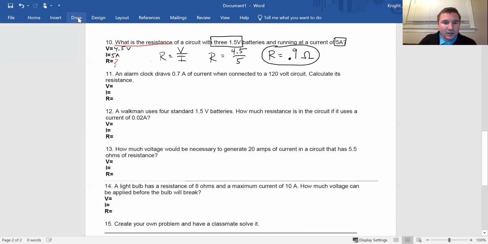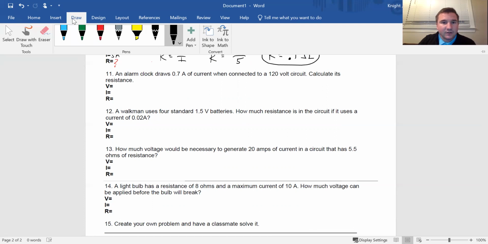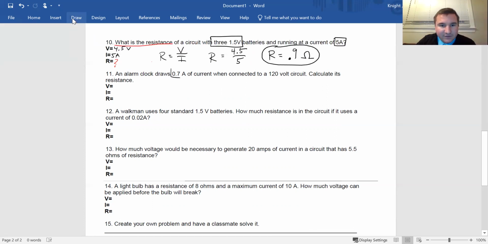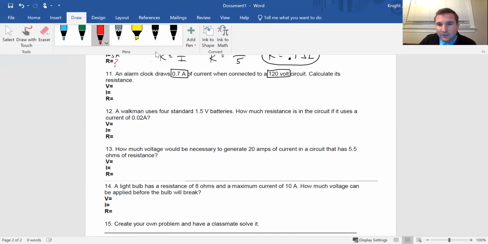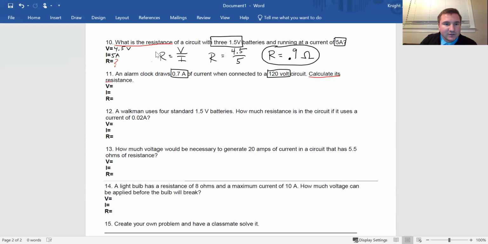Continuing. Alarm clock draws a current of 0.7 amps when connected to a 120 volt circuit. Calculate its resistance is our question there. So R is our question again.